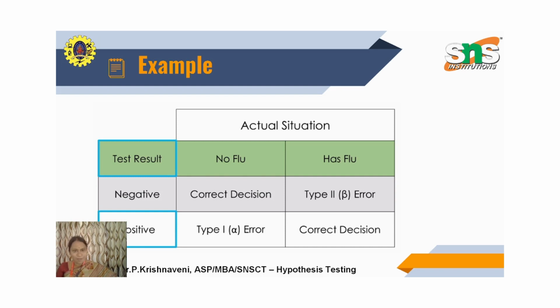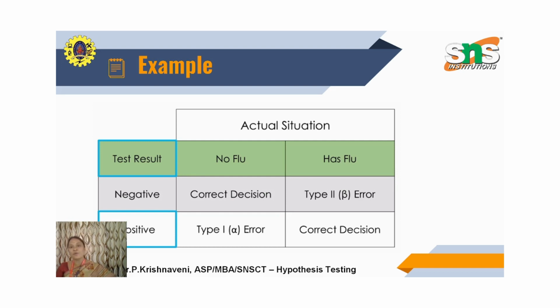And if I don't have flu at all and I got a positive, think about that situation. Here the medical expenses and other things are obviously wasted. So a type 1 error will occur. The impact is a little low compared to the type 2 error. But both errors should be avoided as far as our research is concerned.